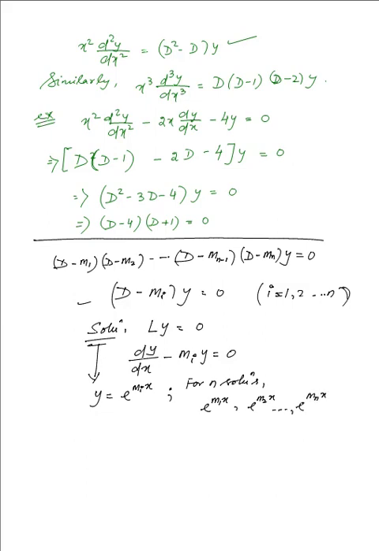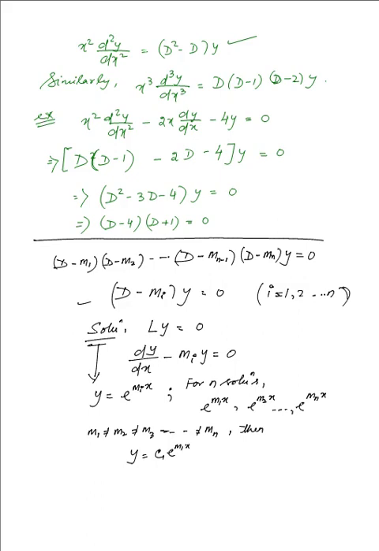So these are the solutions. Now in case they are linearly independent, and we have m1 not equal to m2, not equal to m3, and so on up to mn, if they are not equal, then the general solution of the equation can be written as the combination of this, that is c1 e raised to the power m1x.